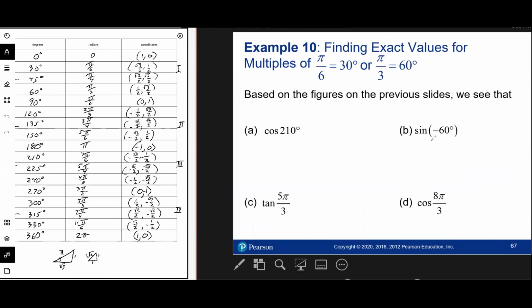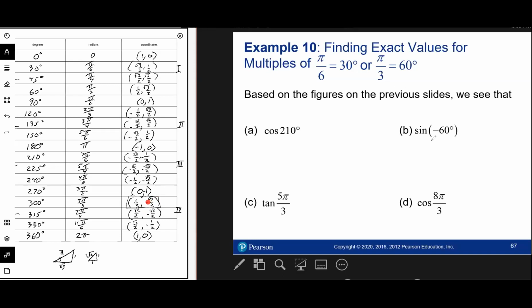So going in negative 60 degrees is the same as, I mean, 300 degrees. So here are the x and y values for the point on the unit circle for 300 degrees. And they wanted sine, which is the y value here.